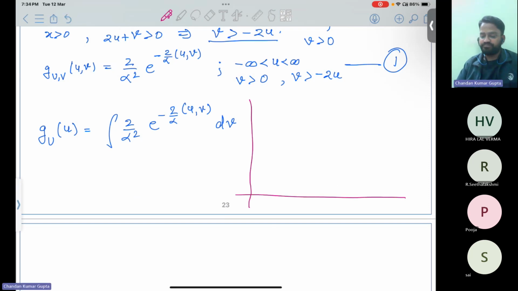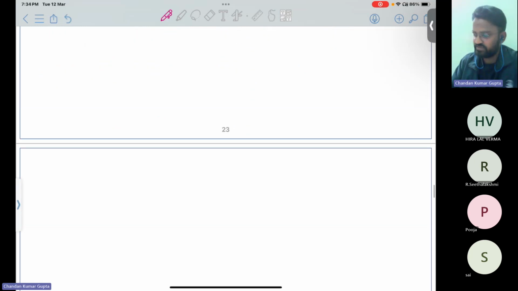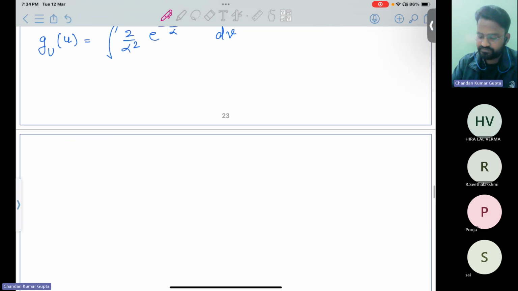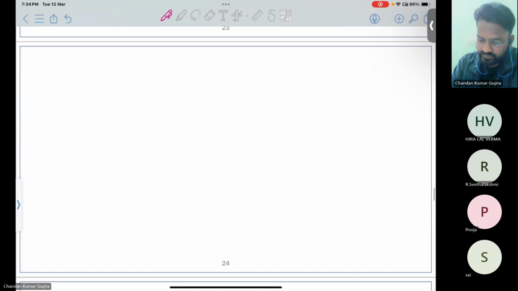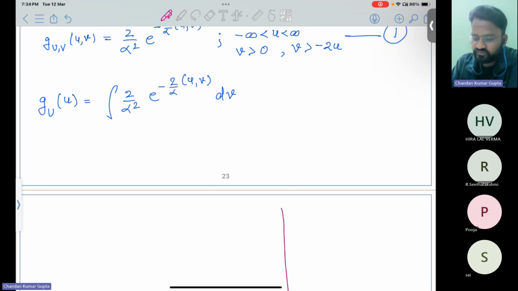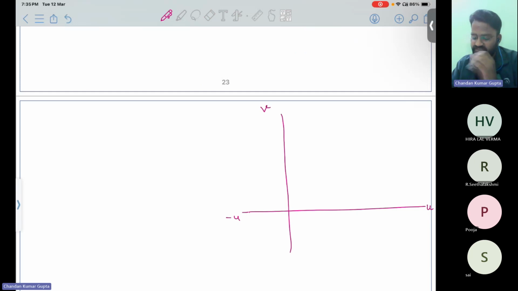Okay, see, here v equal to 0. Suppose it is v, it is u. Okay, there is one more page actually. So u is from minus infinity to plus infinity. Here it is u and it is v; the y-axis is the v-axis.